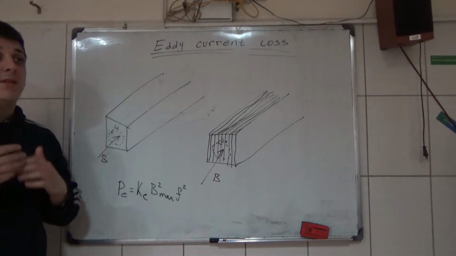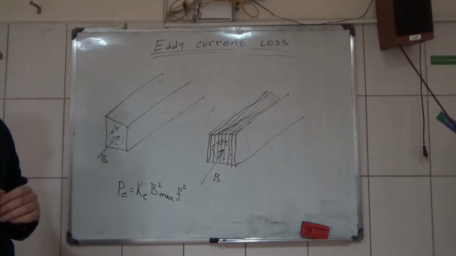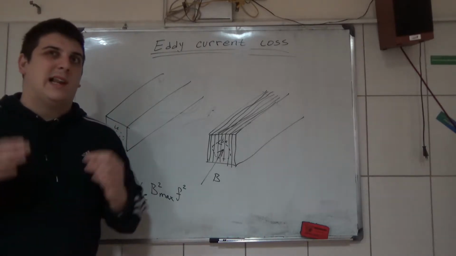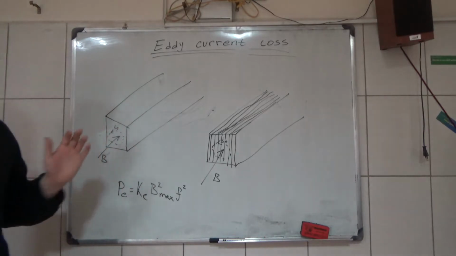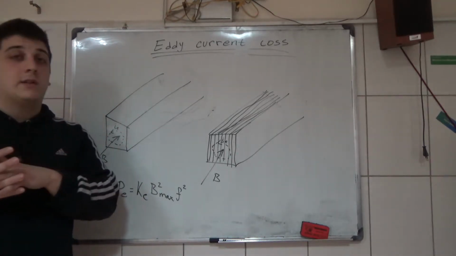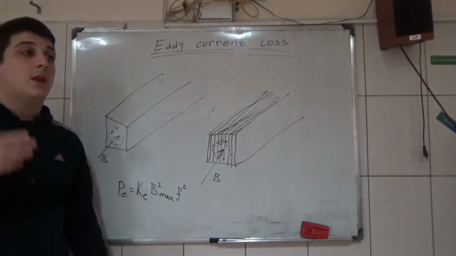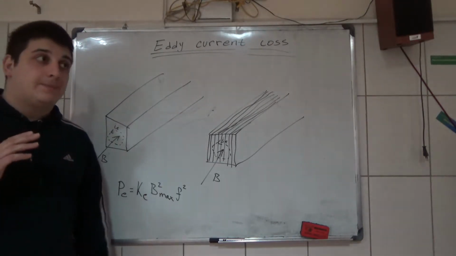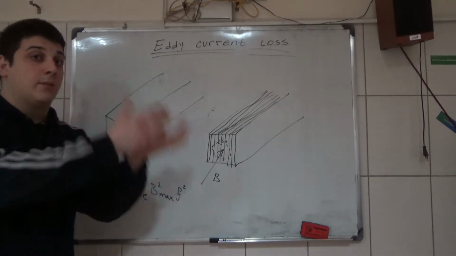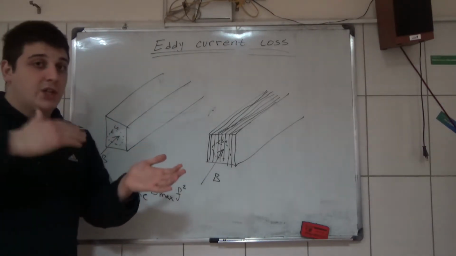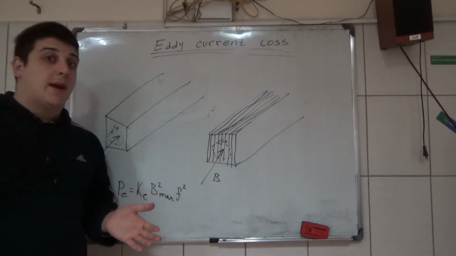Now there is another loss in magnetic circuits, which is less important than hysteresis, but also important, and that loss is called the eddy current loss. So when we have alternating currents in magnetic circuits, we have a changing magnetic flux density, a changing magnetic field.